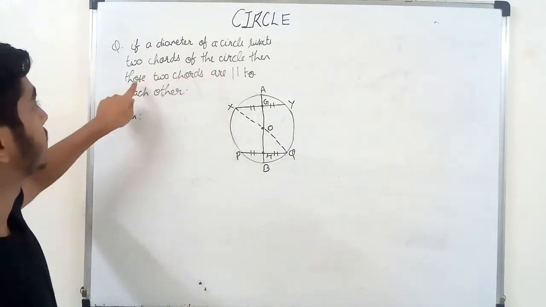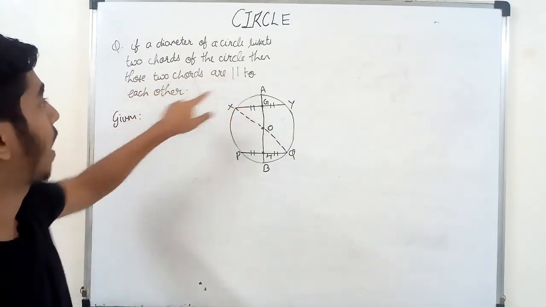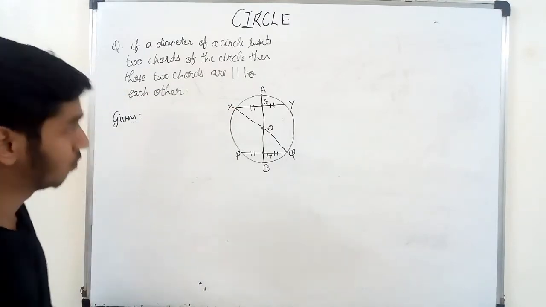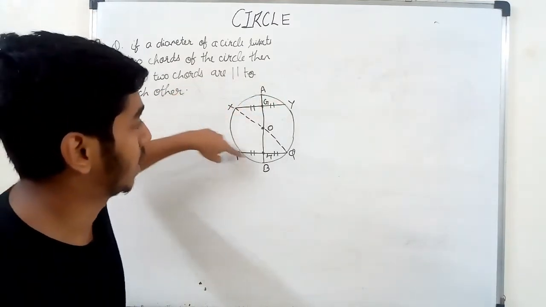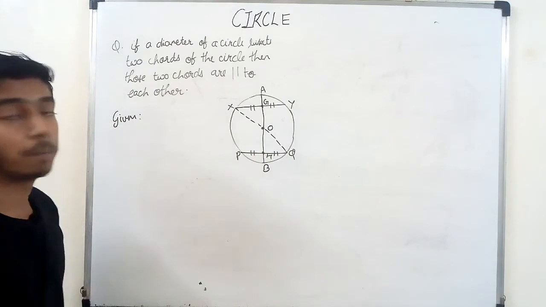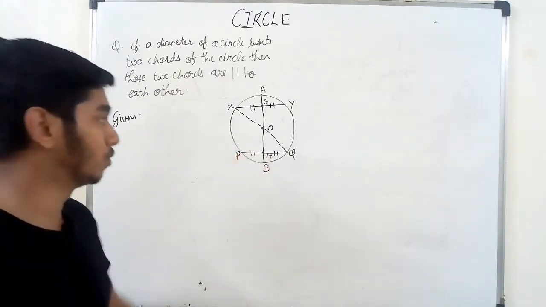So if that happens, then those two chords are parallel to each other. So we need to prove that this chord XY and PQ, they both are parallel. That's what we need to prove.